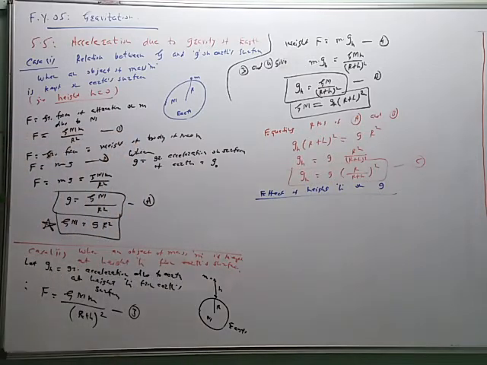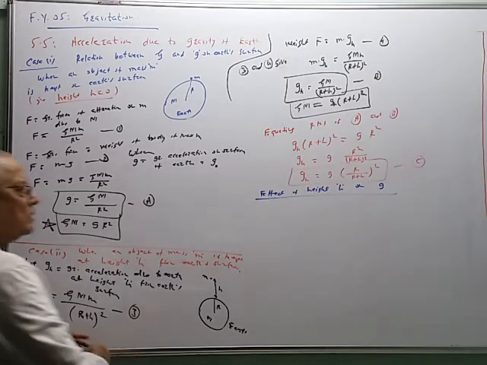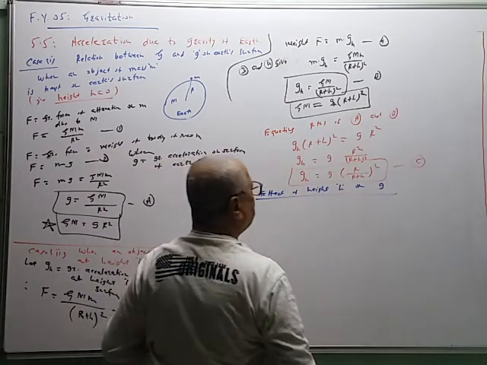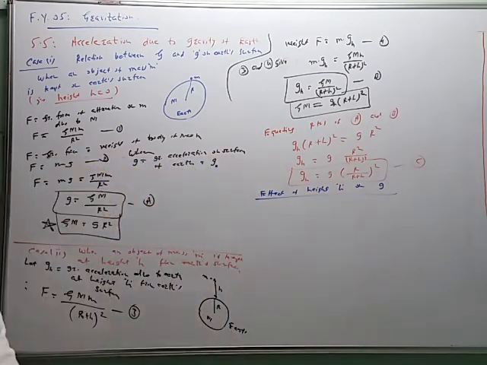There are 5 factors: height, depth, then angle of latitude, frequency of rotation of the Earth, etc. So first we will study this effect of height h on g.